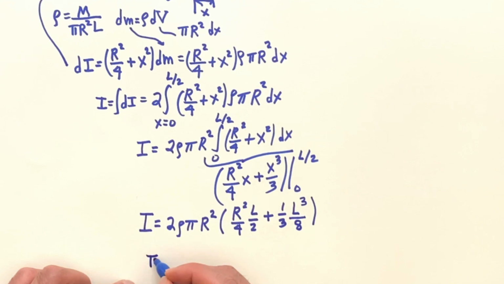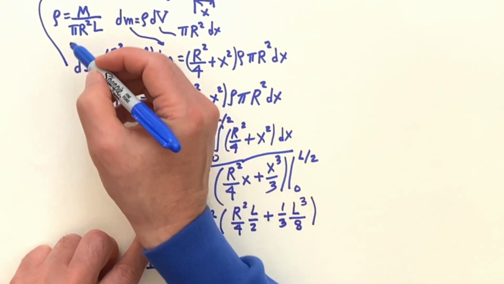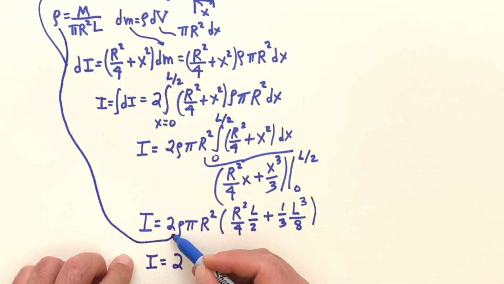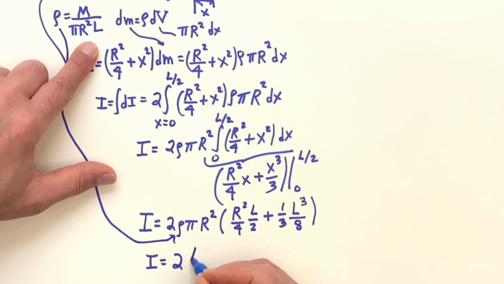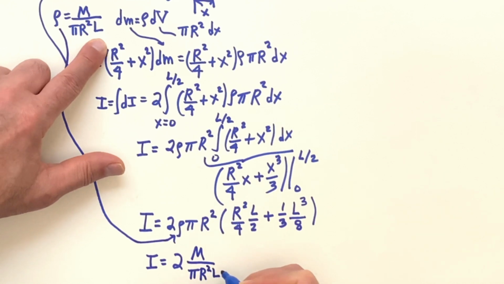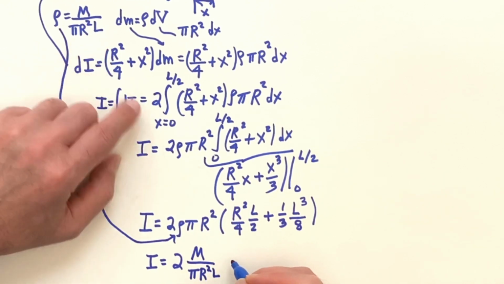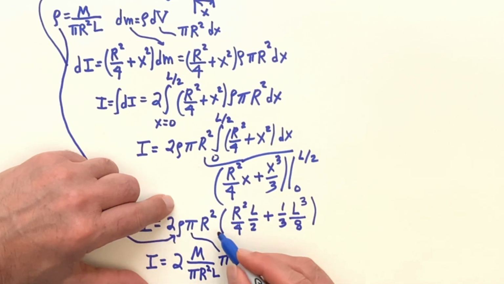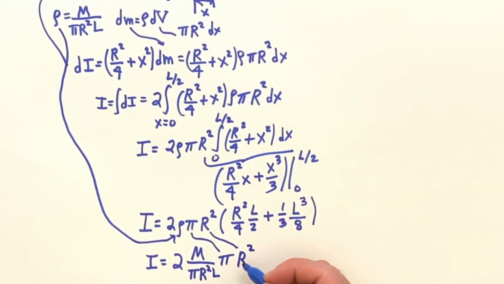Now at this point, I like to put in for the rho. Here is the rho up here. So I like to put that in for the rho. That's going to be big M over pi big R squared L. And then I have pi, I have this part, then I have R squared, like that.